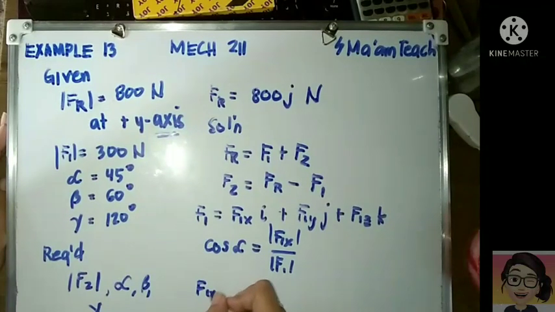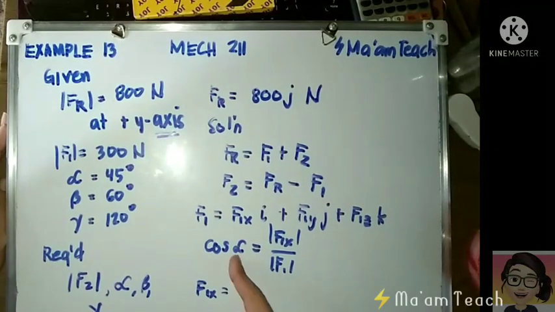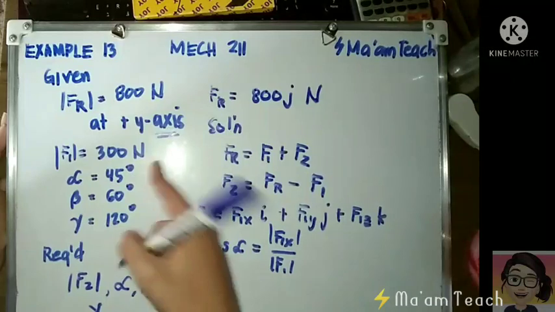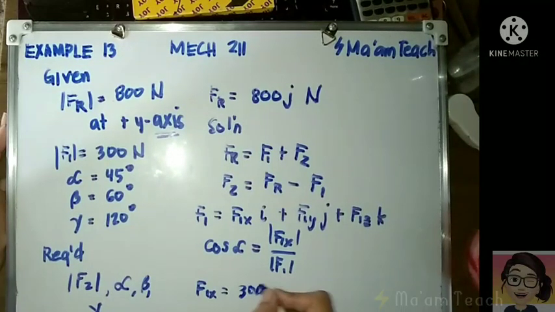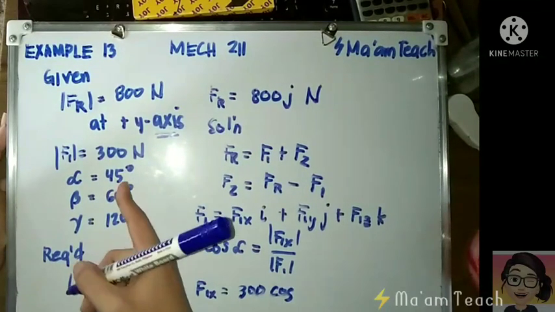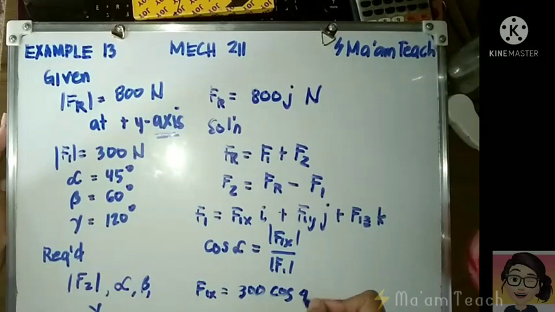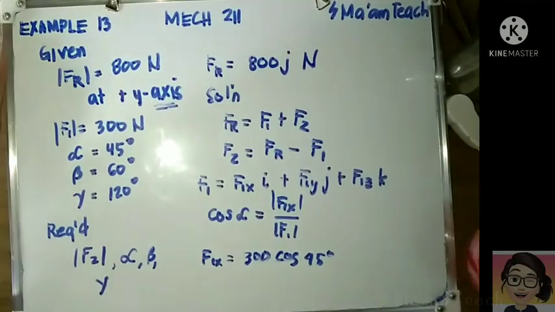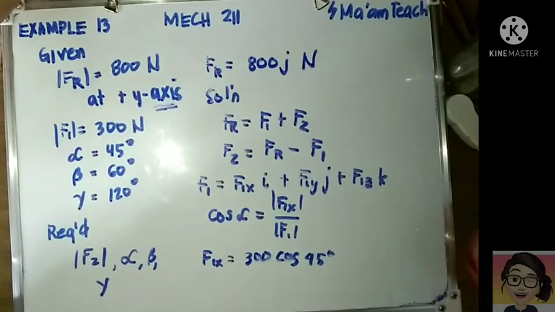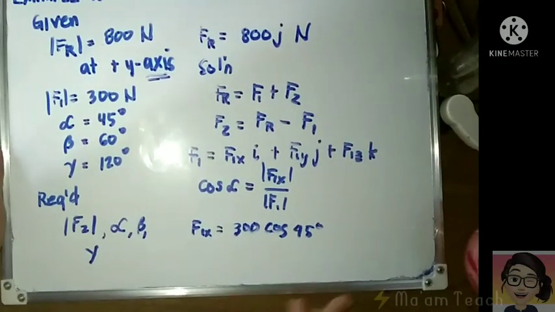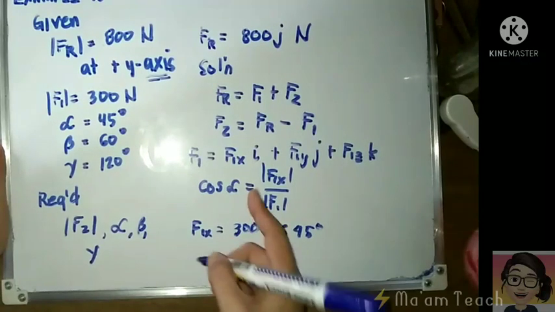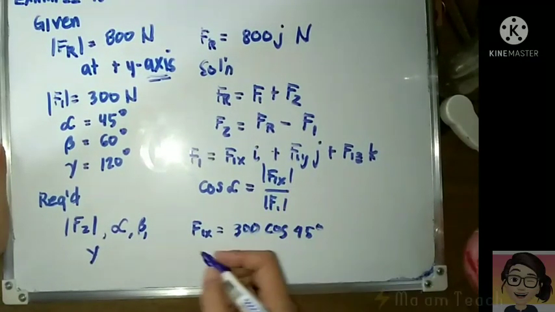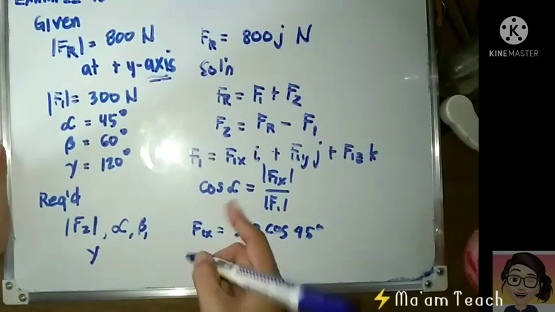So, using this formula and this magnitude, we'll be able to solve for your F1x by simply multiplying your magnitude, which is 300, and cosine of your alpha, which is 45 degrees. As well as for your y component, the same formula, we just change the subscript and the angle, of course.